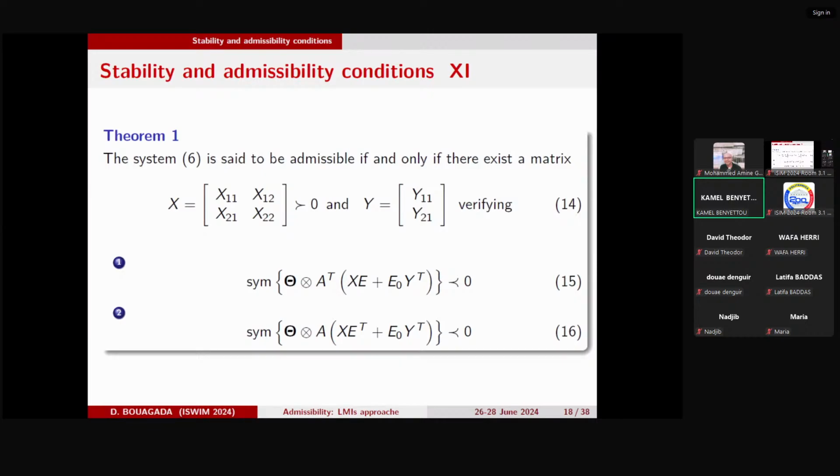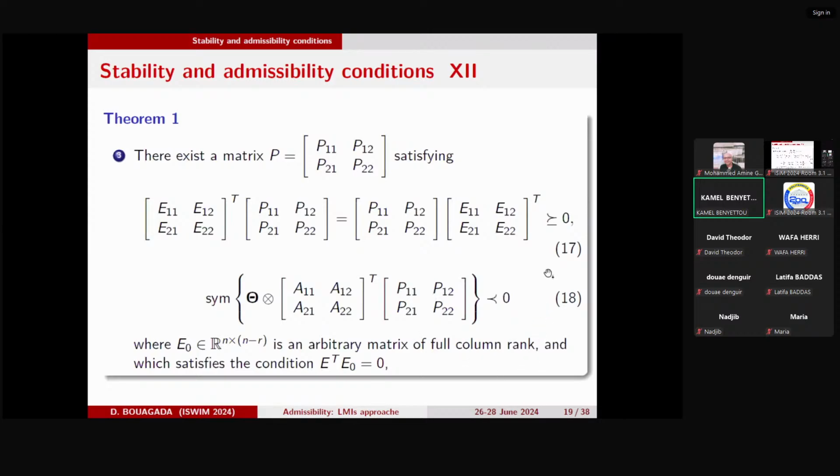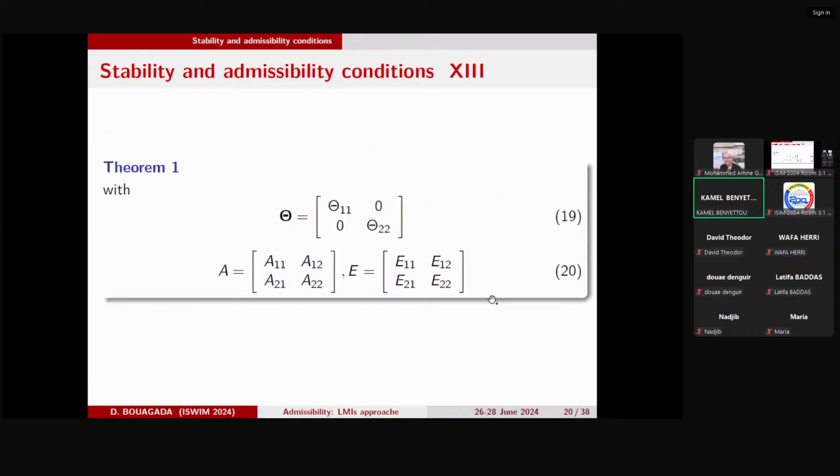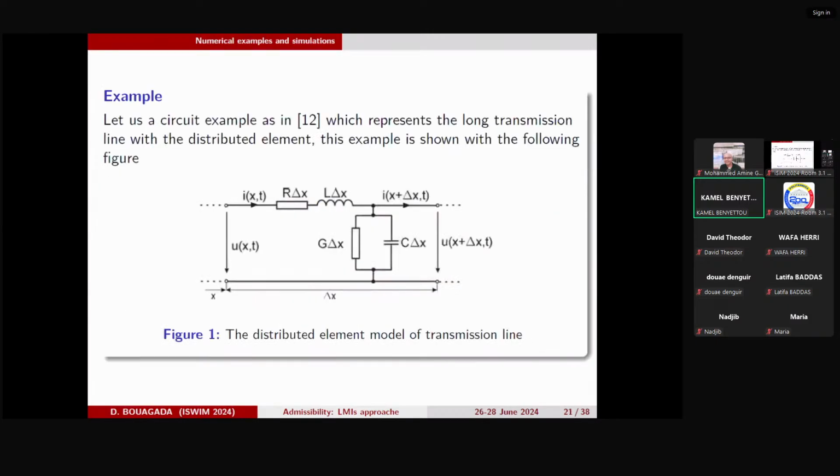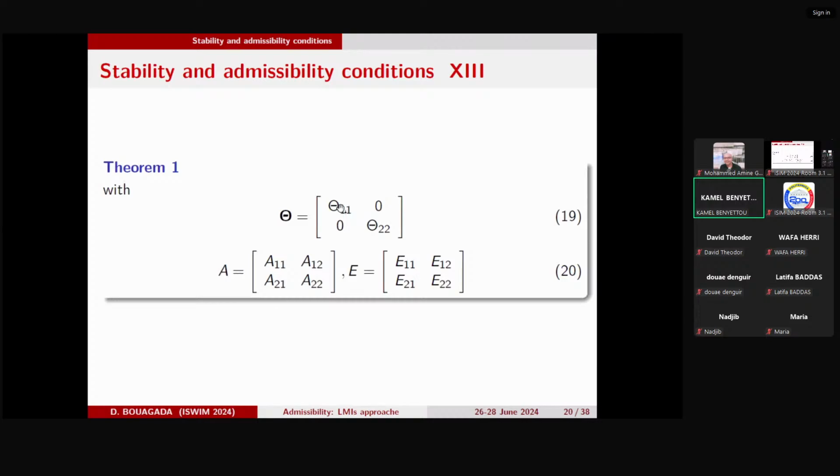And also the inequality 16, and the two inequalities 17 and 18, with this new matrix theta and A and E. This means these blocks theta 11 and theta 22 depend on alpha and the cosine and sine of this value.